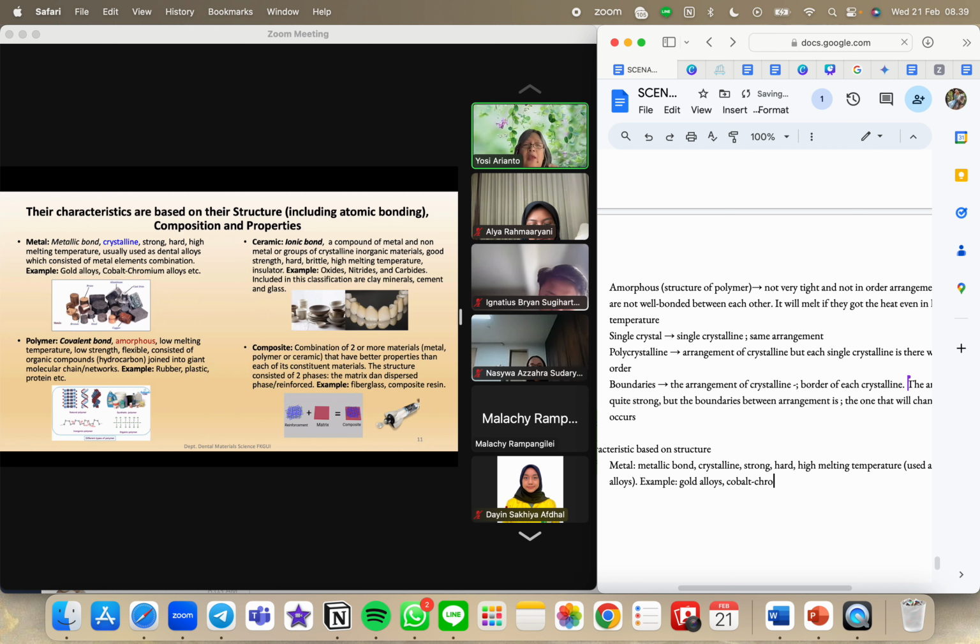Metals are usually used as dental alloys, which consist of metal elements called gold alloys.